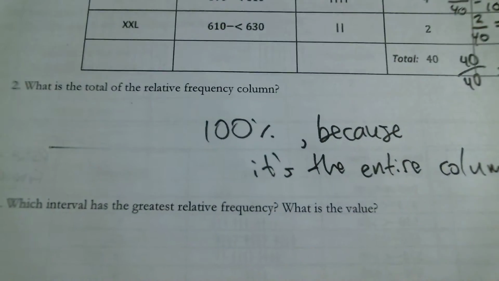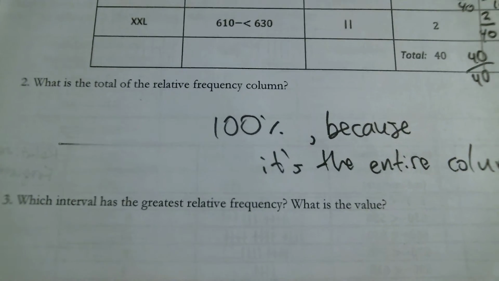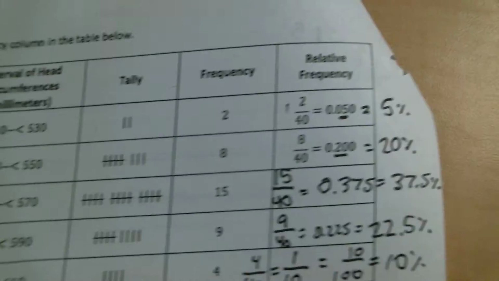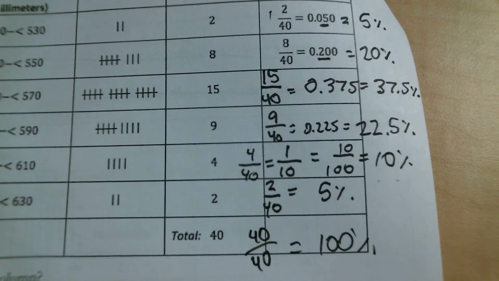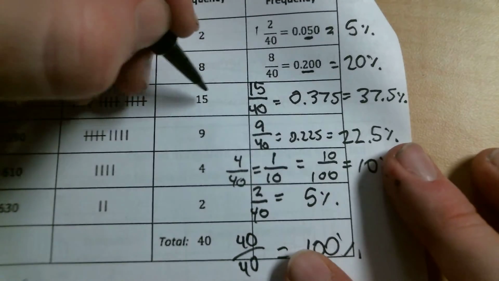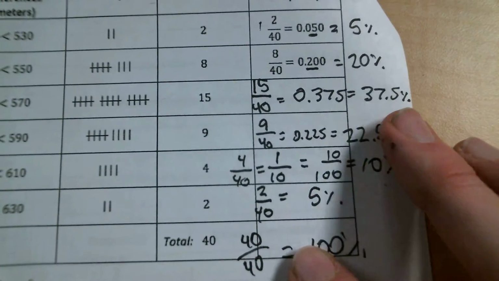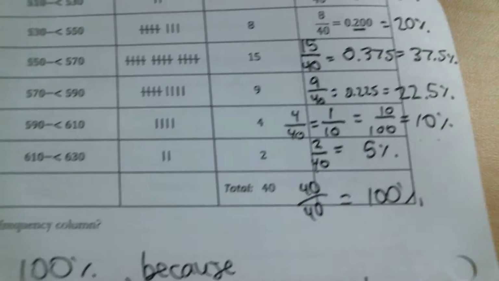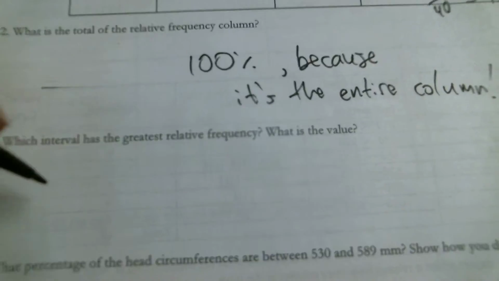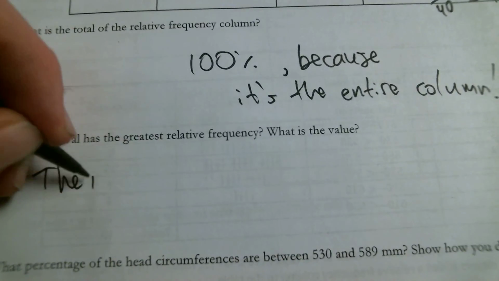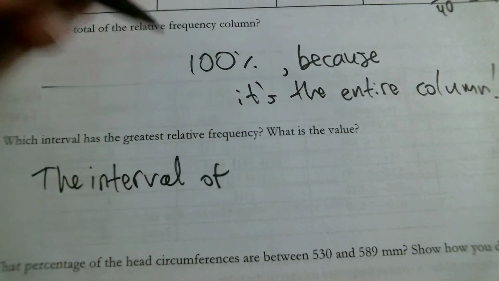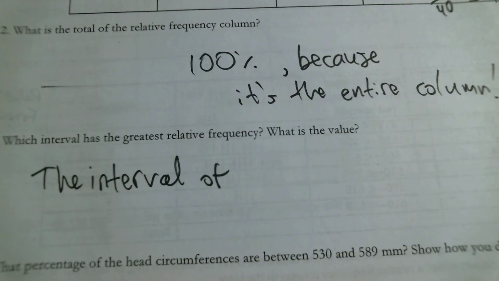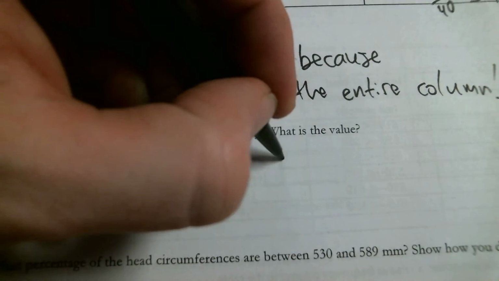But then it asks, what interval has the greatest relative frequency? So I want to think here, what's the greatest relative frequency? Well, yesterday we said 15 was the biggest, and look, it also happens to have the largest frequency. That's the biggest percent out of all of them. So what interval has the greatest relative frequency? The interval of 550 to 570.